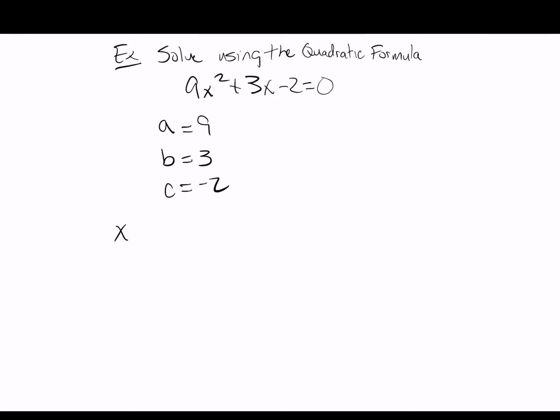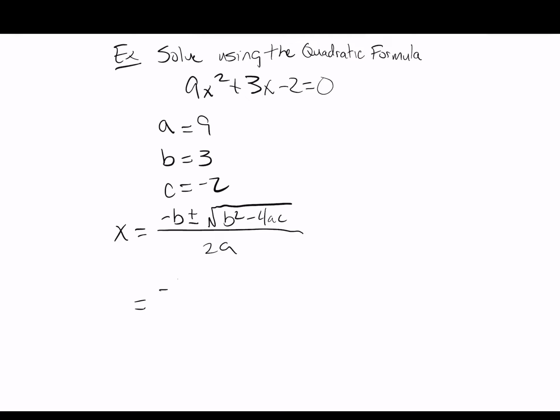Let's rewrite the quadratic formula. x is equal to what? -b plus or minus the square root of b squared minus 4ac all over 2a. So let's substitute.